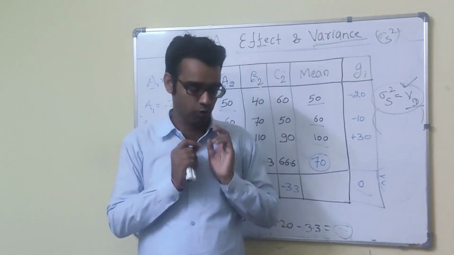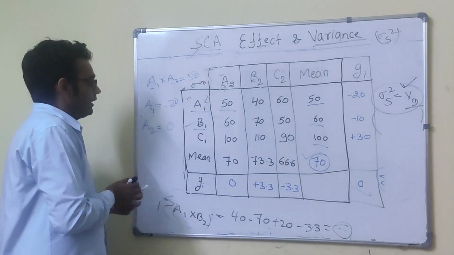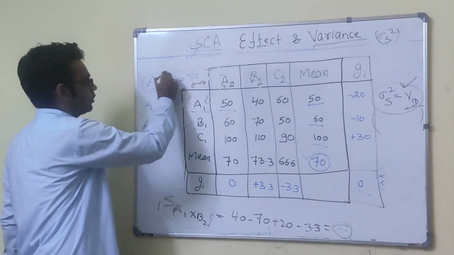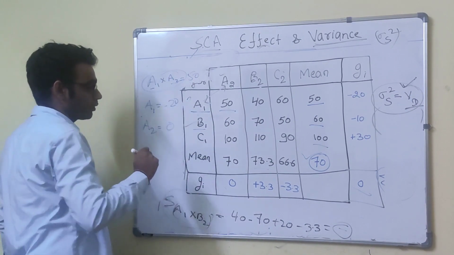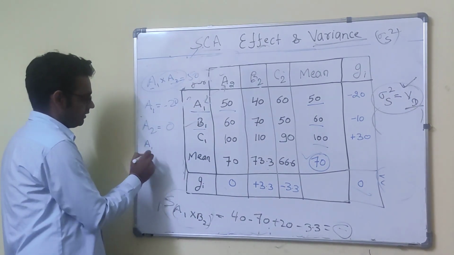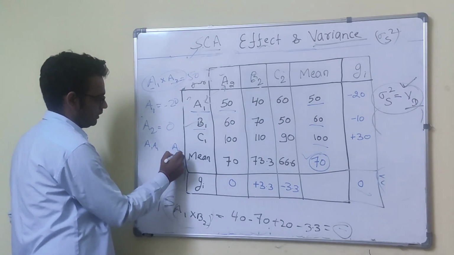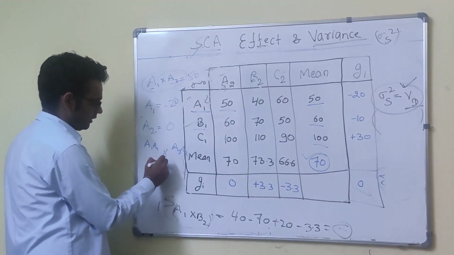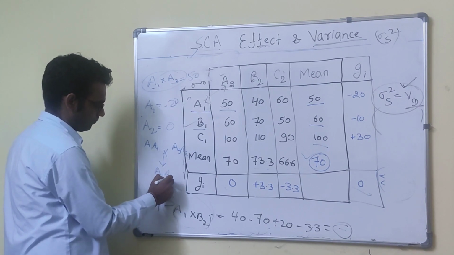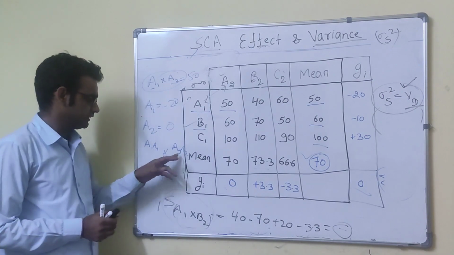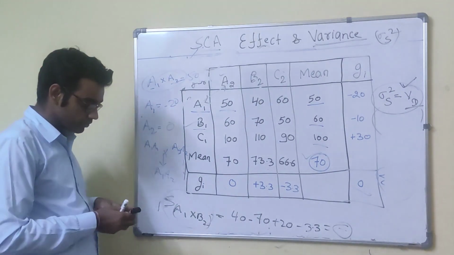Now the important thing is that here you are calculating, suppose, the SCA effect of this A1 into A2. So this A1 parent, suppose A1 A1, this is A2 A2, and here will come A1 A2. It means they will show GCA and they will show SCA.